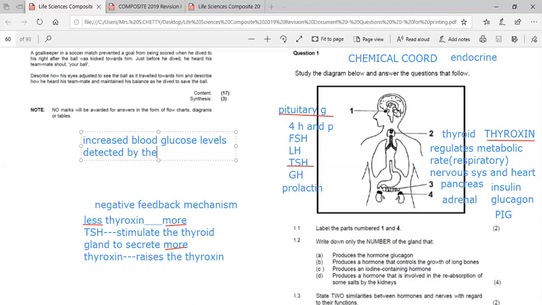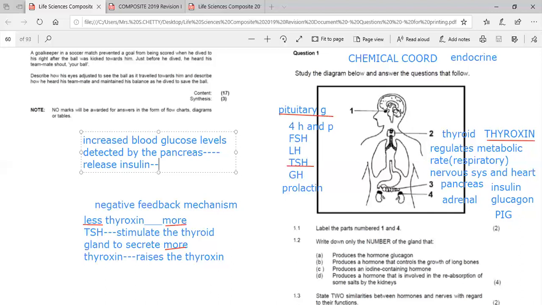Yes, by the pancreas. And the pancreas becomes aware that there's high blood glucose levels, and what's it going to do? It will now release insulin into the blood, and this insulin travels in the blood and it decreases the blood glucose levels by stimulating the absorption of glucose by the cells.